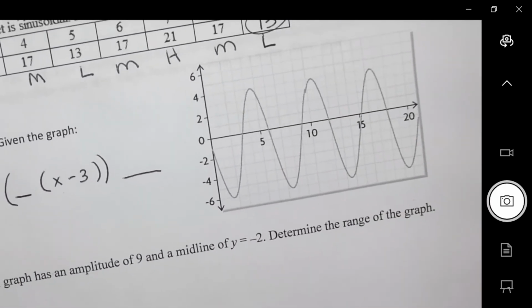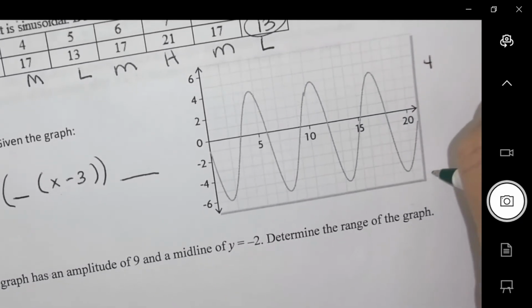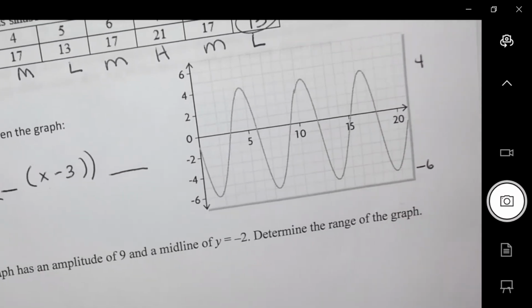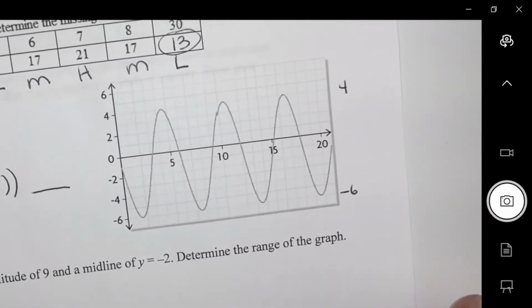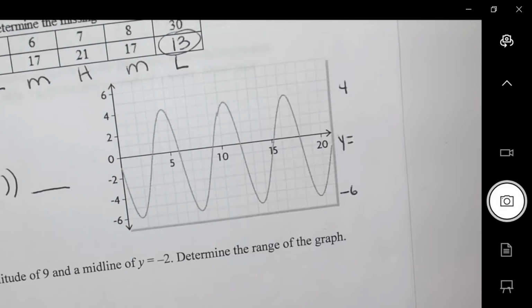All right, so the top is 4, the bottom is -6. I like to write that out on the side somewhere. So what is in the middle of those values?